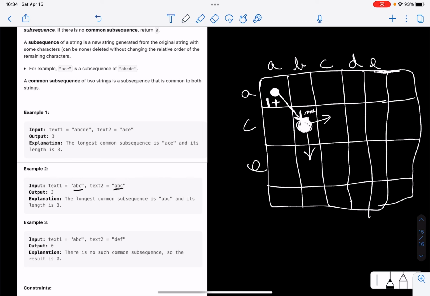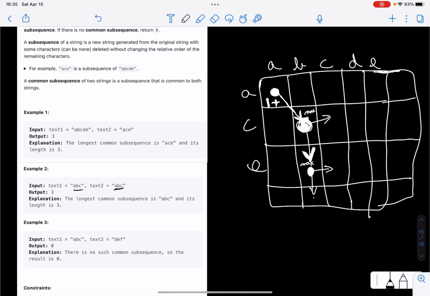Okay, so once we get a value over here, let's evaluate this. Again, being at this location means finding the longest common subsequence between E and B, C, D, E. So we see B and E are not equal. So again, the value over here would be the max of the value over here and here.